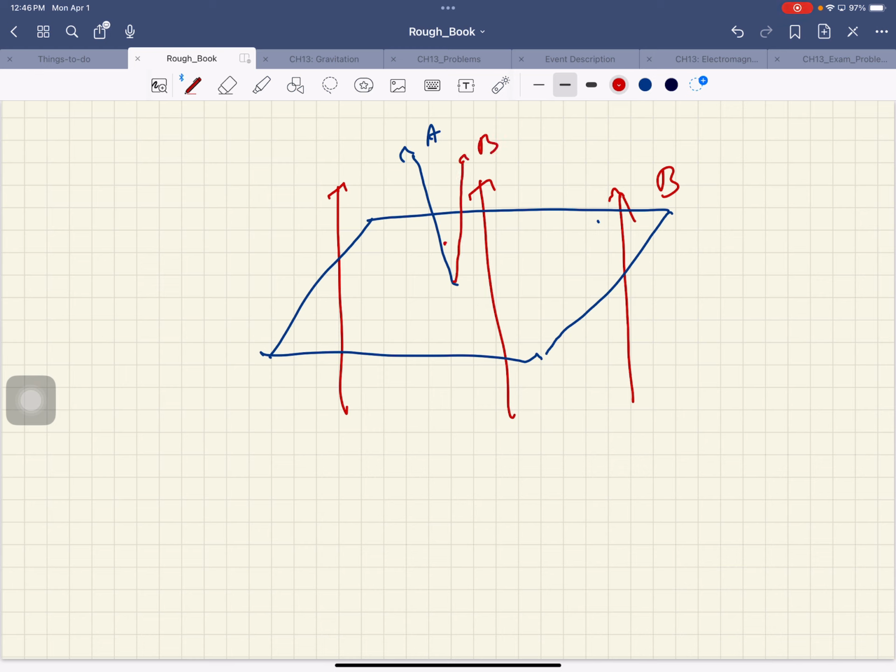This is B, there's theta. And the way I change theta is I rotate the loop. Did you guys understand that?